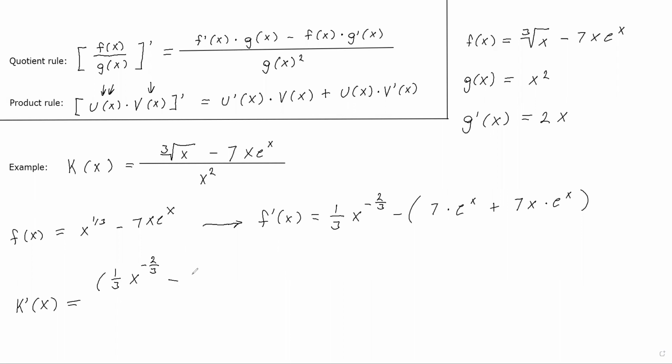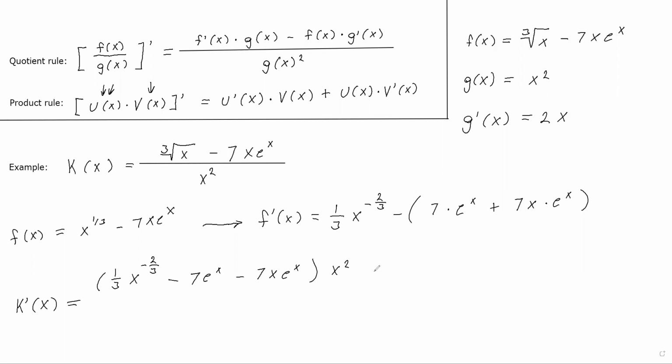Minus 7 e to the x minus 7x e to the x. And here I'm just distributing this negative to both terms in here, just so you guys don't get confused. Just wanted to do that all in one step, so it's a little more simple. So there's our f prime of x. Now we're going to multiply that by g of x, which is x squared. We have that from up here.